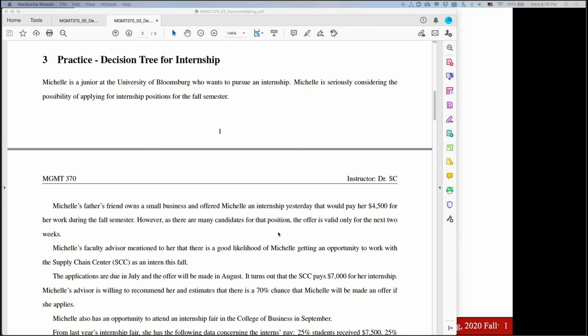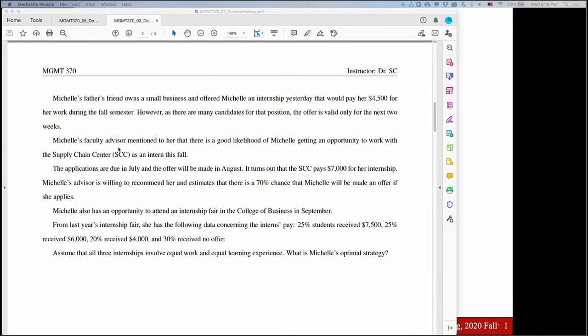Before we start this problem, you have to understand it. Please pause this video and read this problem. This problem is an in-class example. Michelle, like you, wants to get an internship. At the very first, her father's friend, who operates a small business, offers an internship, and the salary is $4,005.